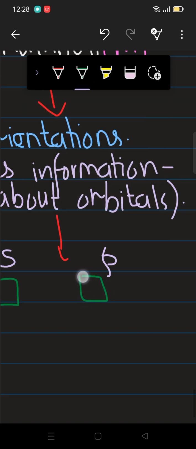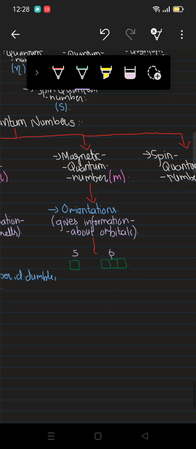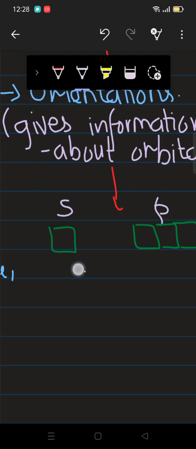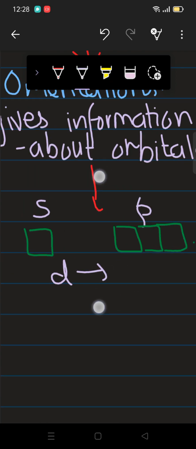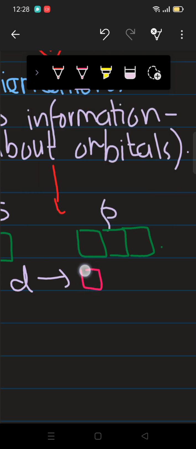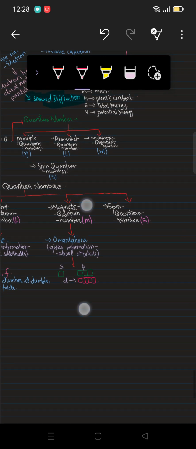We're going to check how we have three orbitals, then how we have five orbitals in D, and how we have seven orbitals in F. We're going to check everything out. Let me write D here as well. In D we have five orbitals. So 1, 2, 3, 4, 5. We're going to check everything out.